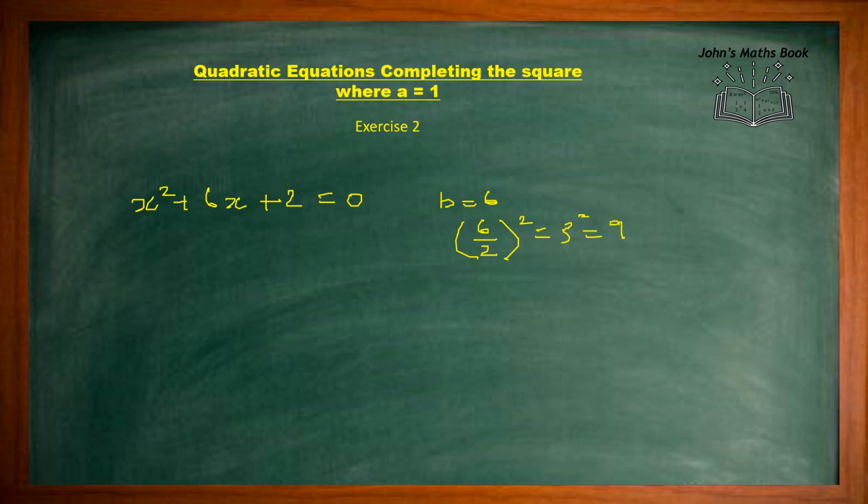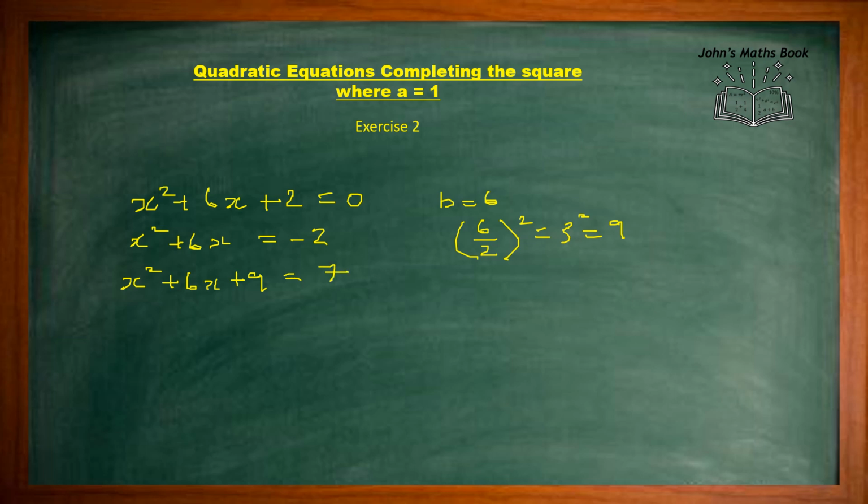So let's rewrite the quadratic equation and take the constant term to the right. So that becomes x squared plus 6x is equal to minus 2. And then we add 9, the value that we've just calculated, to both sides. So we have x squared plus 6x plus 9 is equal to minus 2 plus 9, which gives us 7.